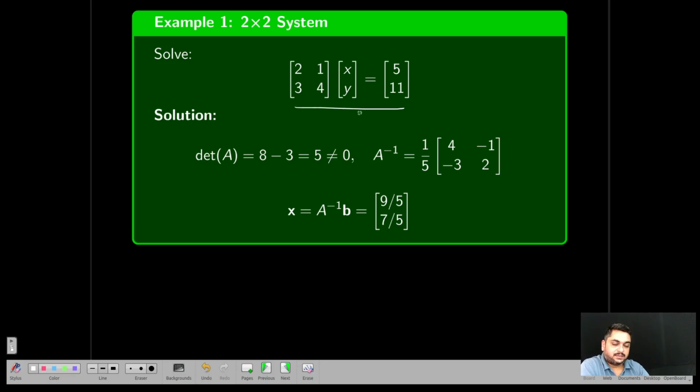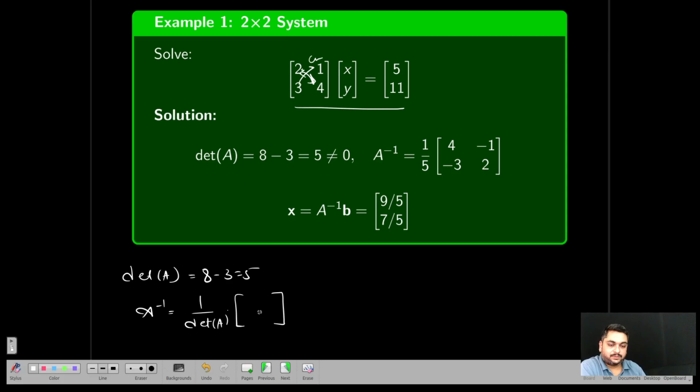So this is my system. You have to find the inverse of this. So how will you find it? First the determinant. Determinant of A is equal to 8 minus 3, that is 5. So what is A inverse? A inverse is equal to 1 by determinant of A into, for a 2 cross 2 square matrix, you can easily find it, right? Just swap these two elements and then change the sign of these two elements. So it becomes 4, minus 1, minus 3, 2.